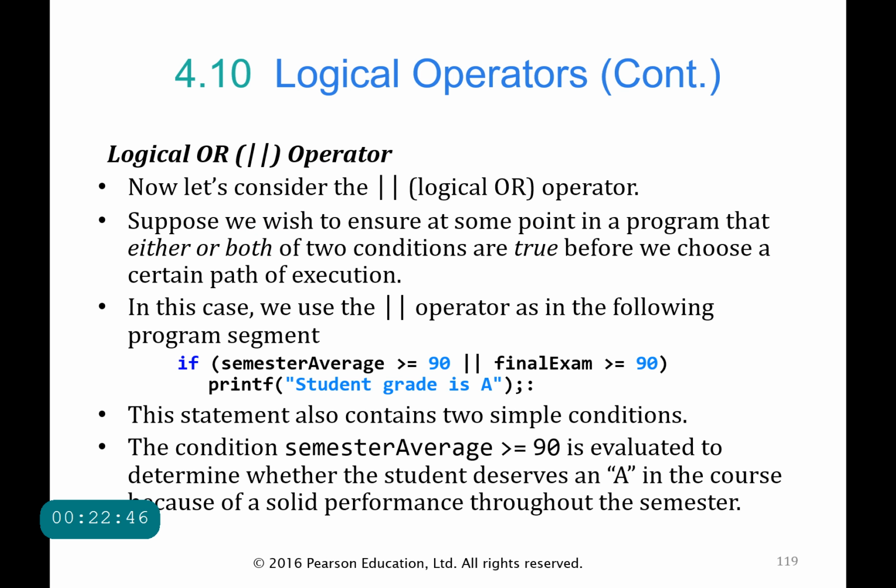Now another one is logical OR. The logical OR operator, what does that do? Well, you could think of this as maybe in this case you're thinking of assigning a student a grade of A. Now let's say there are two conditions based on which a student can be awarded an A grade.